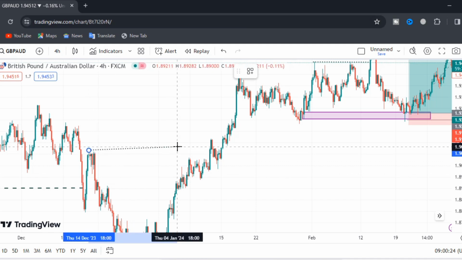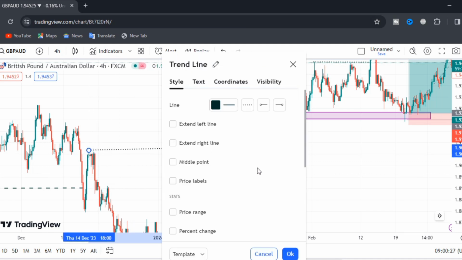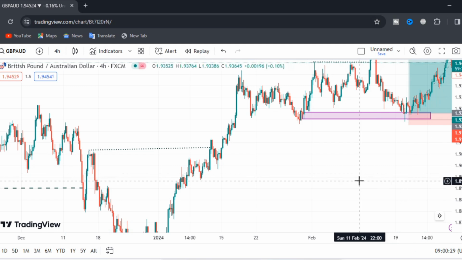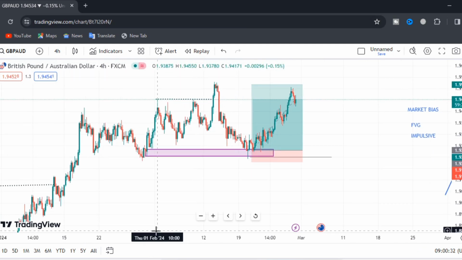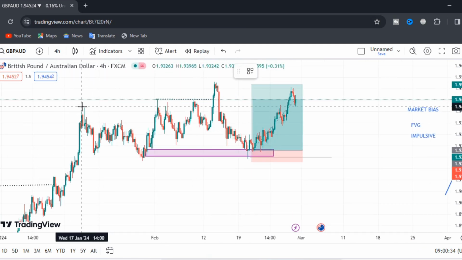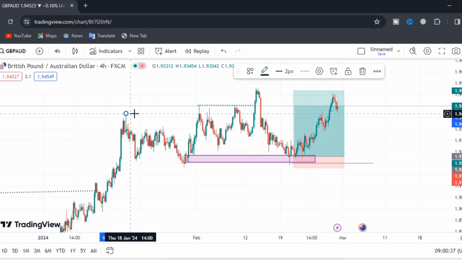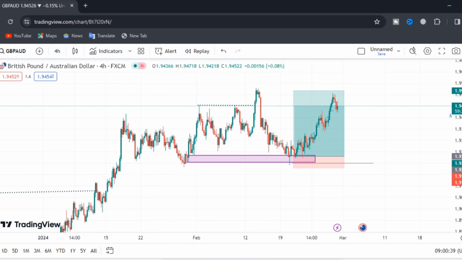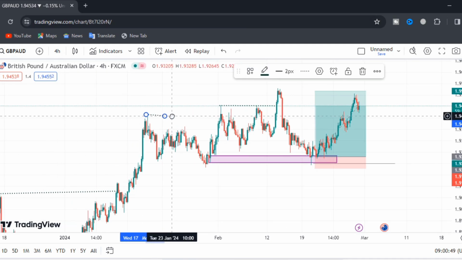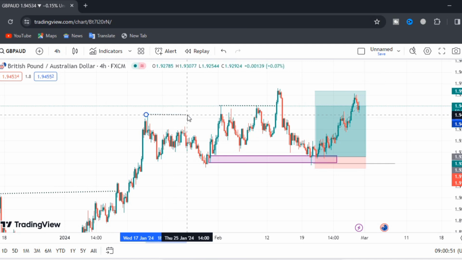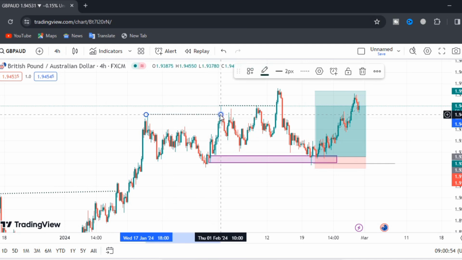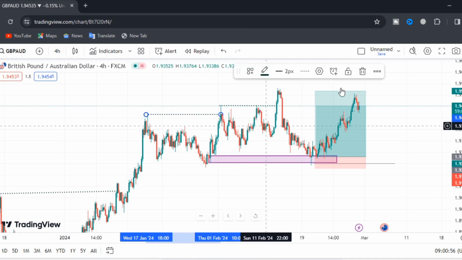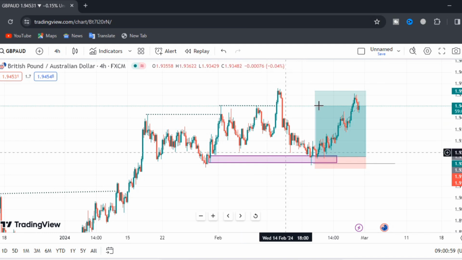Here is a break of market structure, and here, and here, and there. After that, this is also a break of market structure.